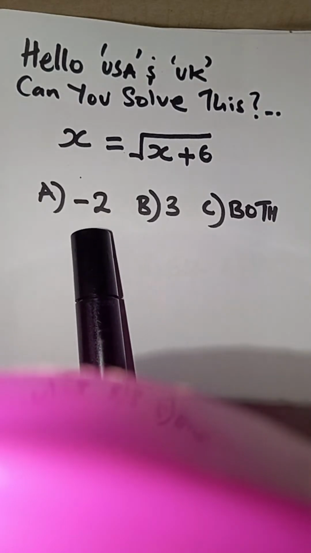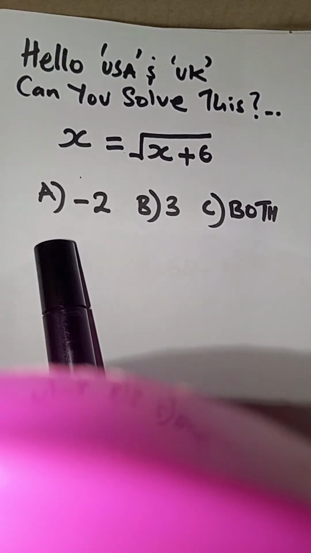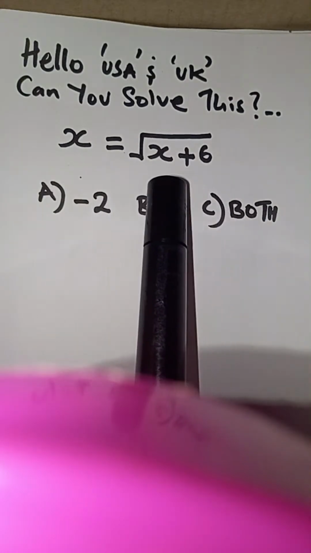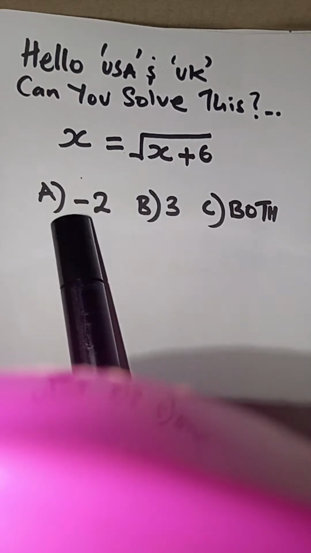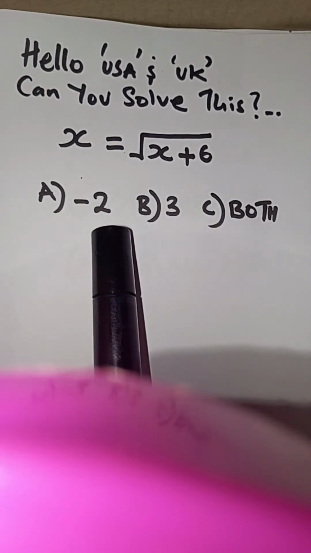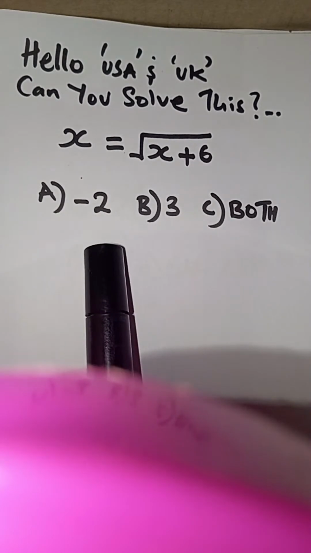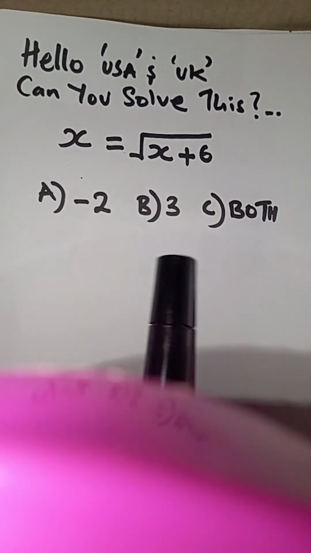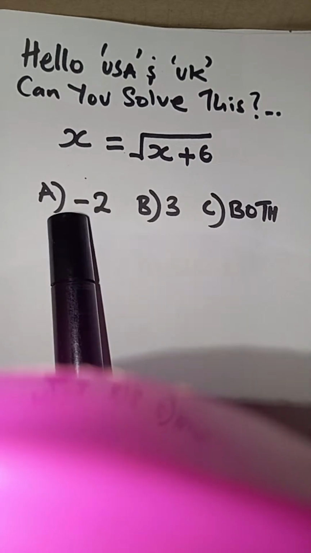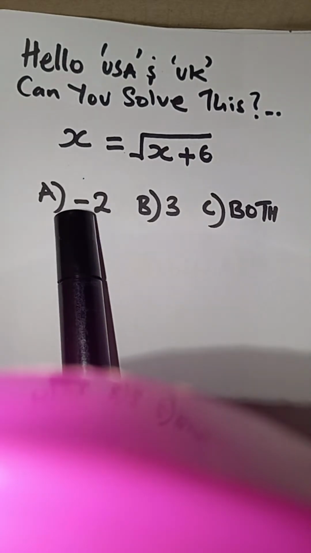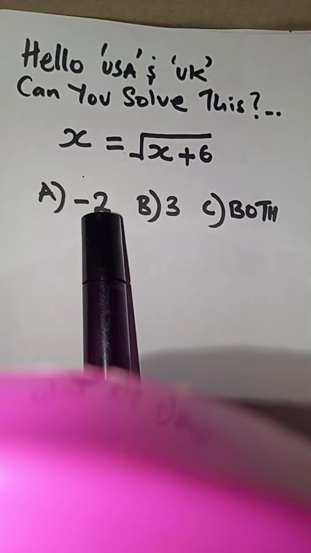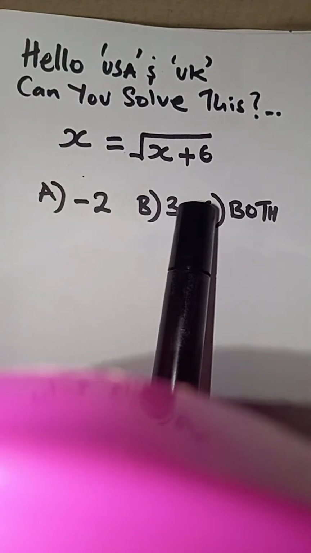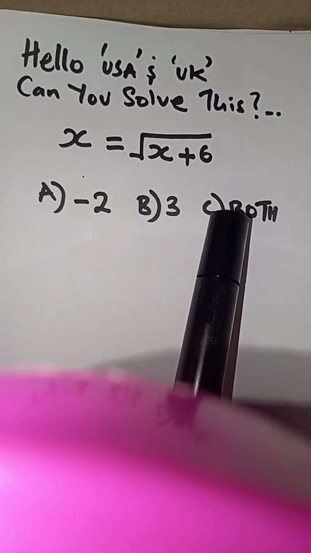So which value of x best satisfies this type of equation? And here for us we have a series of examples or solutions: x can either be negative 2, or B is 3, or C is 4, or both.